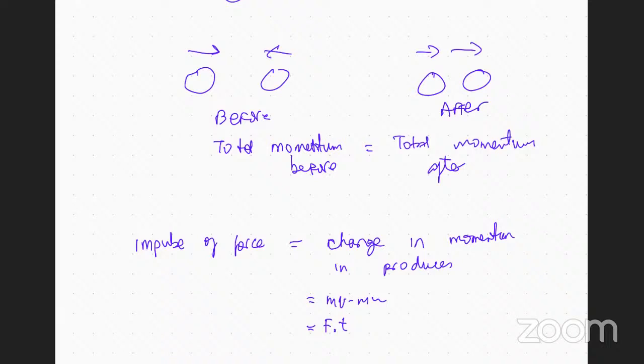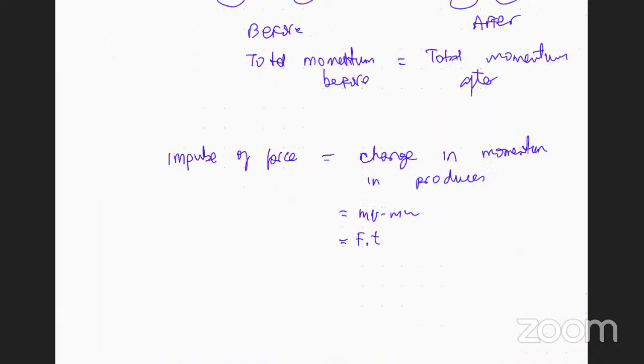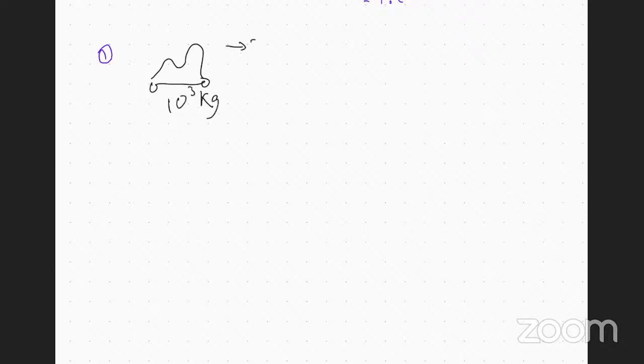Okay, let's try one. The first one that we're going to try: a truck of mass 10 to the power of 3 kilograms, traveling at 3 meters per second, is brought to rest somewhere down the road, let me say right about here, in 2 seconds when it strikes a wall.